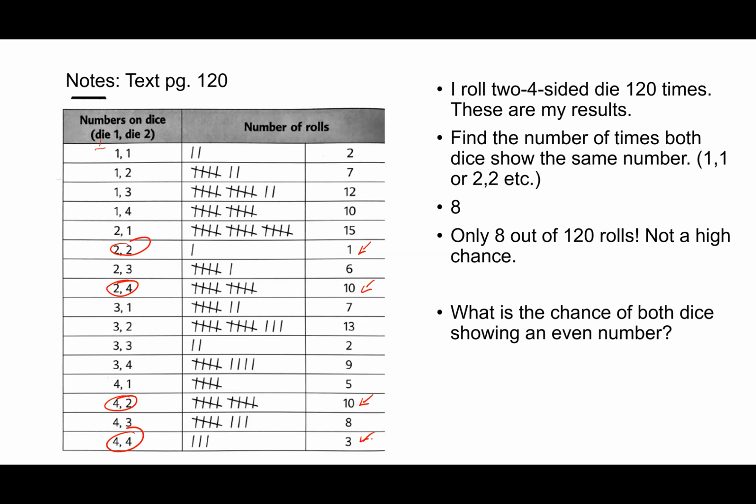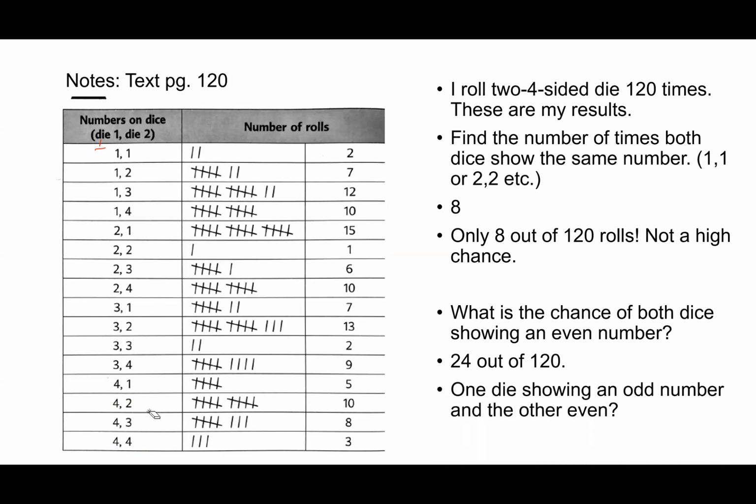What has a better chance: me rolling doubles or me rolling 2 evens? 2 evens, good. So 24 out of 120. How about this? The next question is, what's the chance of me rolling 1 die odd and the other even? I don't think you added that up that fast, did you?